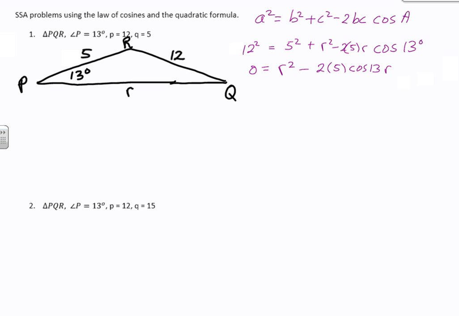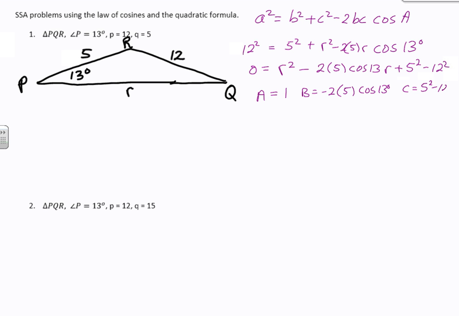Here is R. I just subtracted 12 squared from both sides. In the quadratic formula, this is now in quadratic form, where the coefficient of the squared term is 1. The coefficient of the linear term, the R term, is negative 2 times 5 times the cosine of 13 degrees. And C is 5 squared minus 12 squared.